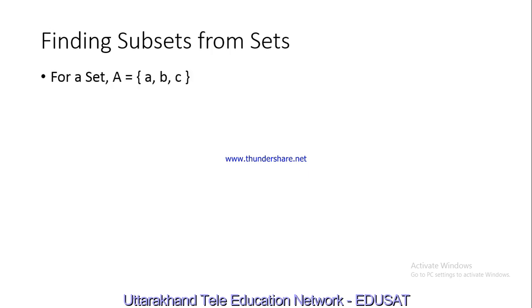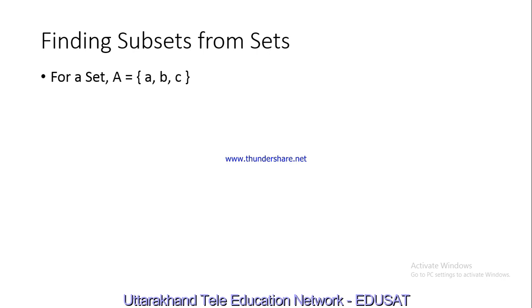So let us discuss one more example. For a set A which has three elements a, b, c, you would recall from our last discussion that a capital alphabet denotes these sets, while the small alphabet denotes the elements of the set.